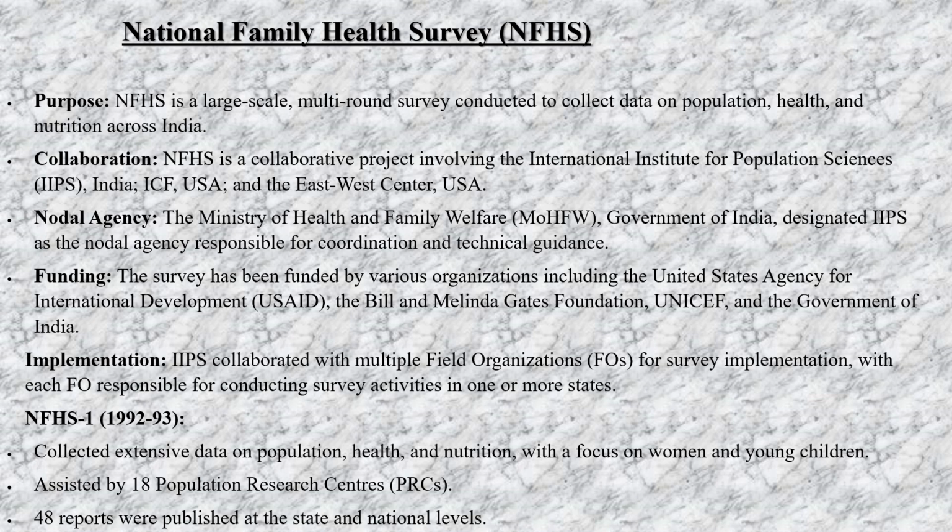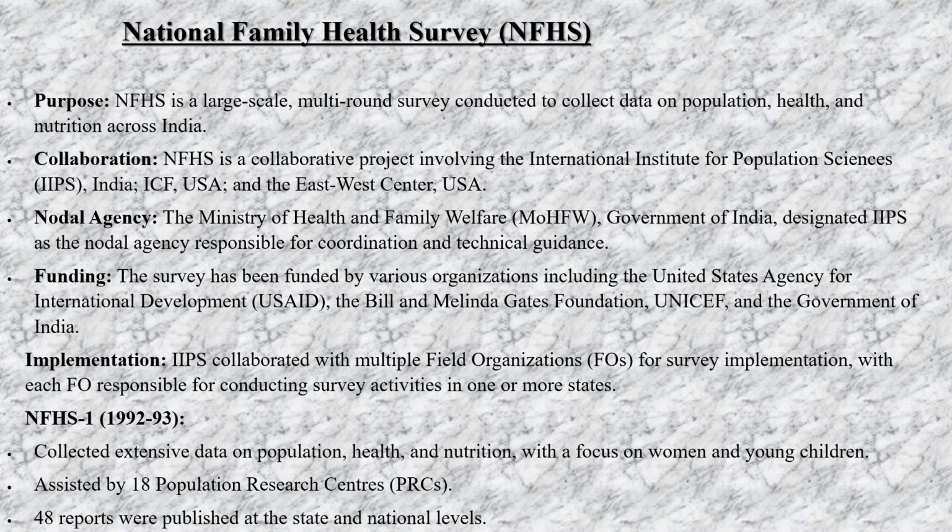Funding: the survey has been funded by various organizations including the United States Agency for International Development, USAID, the Bill and Melinda Gates Foundation, UNICEF, and the Government of India. Implementation: IIPS collaborated with multiple field organizations, FOs, for survey implementation, with each FO responsible for conducting survey activities in one or more states.